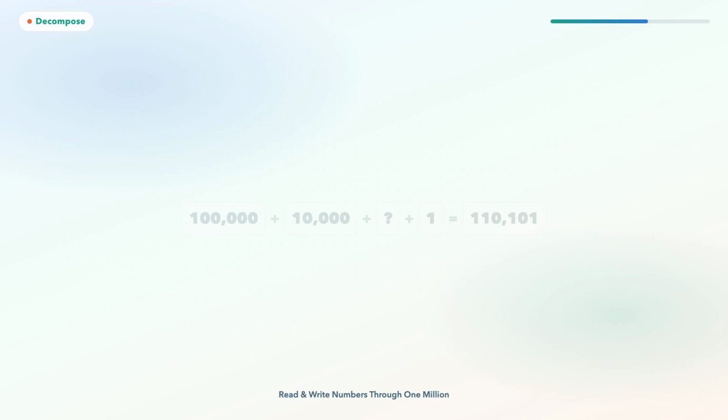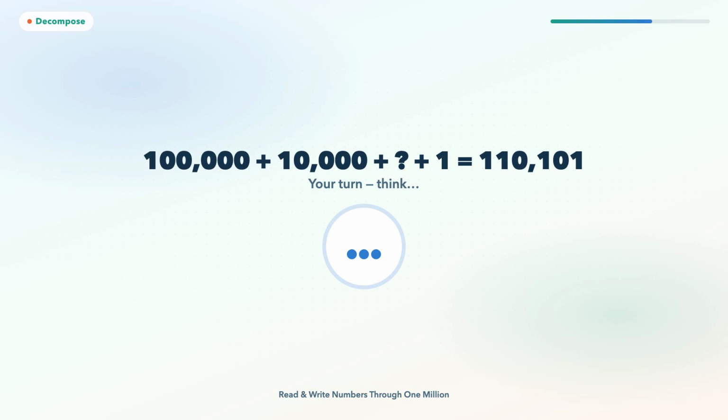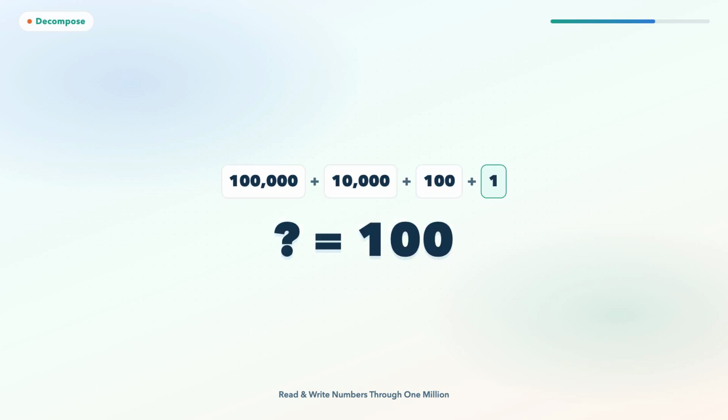Build a number from place values. 100,000 plus 10,000 plus what plus 1 equals 110,101? What belongs in the blank? Pause and find the missing piece. Break apart 110,101. 100,000 plus 10,000 plus 100 plus 1.